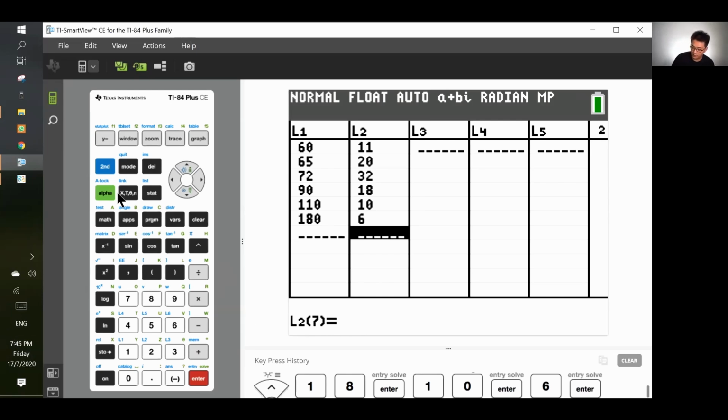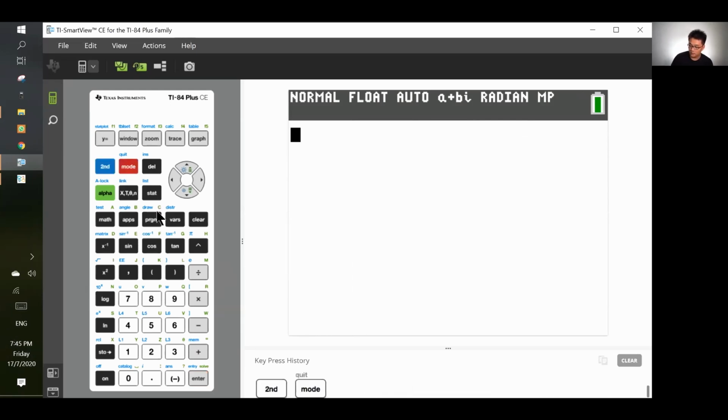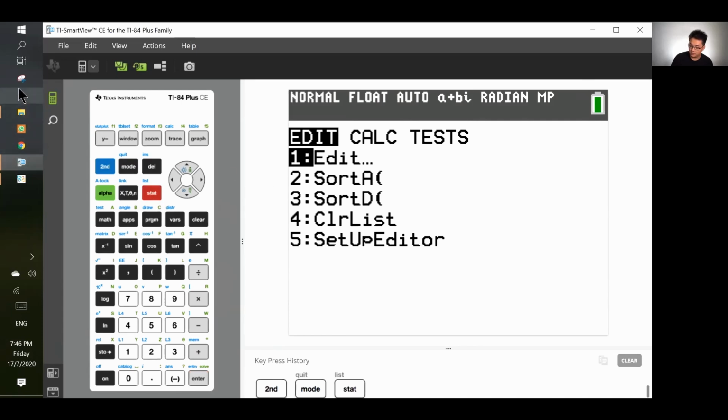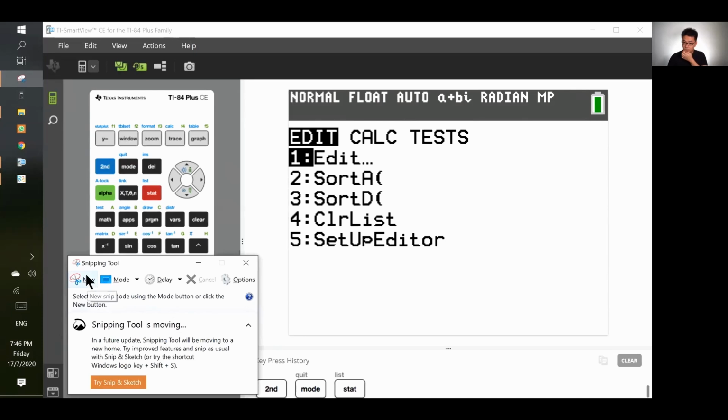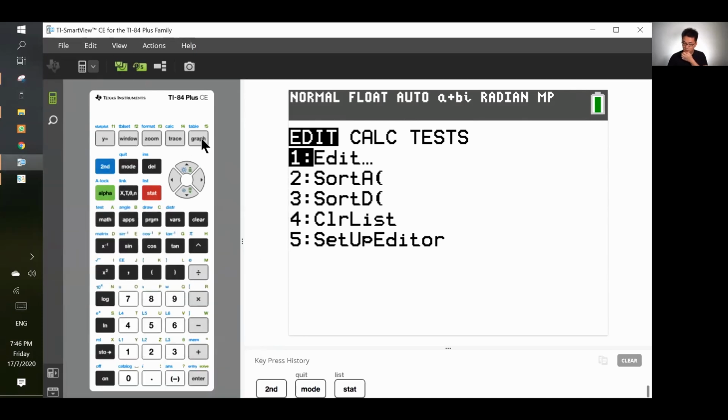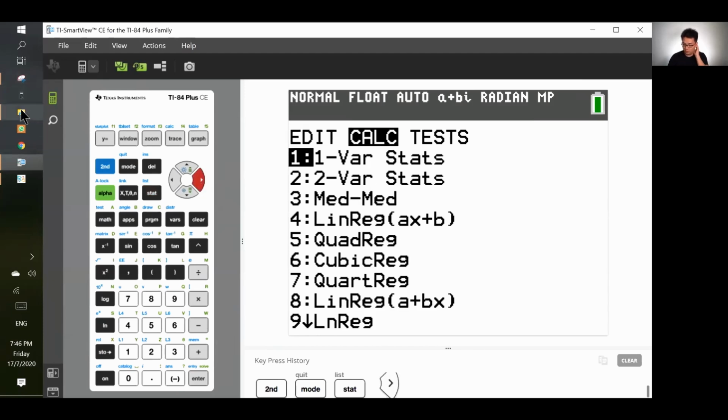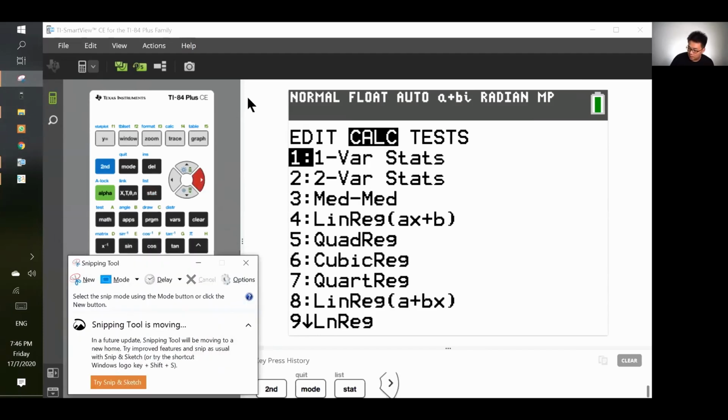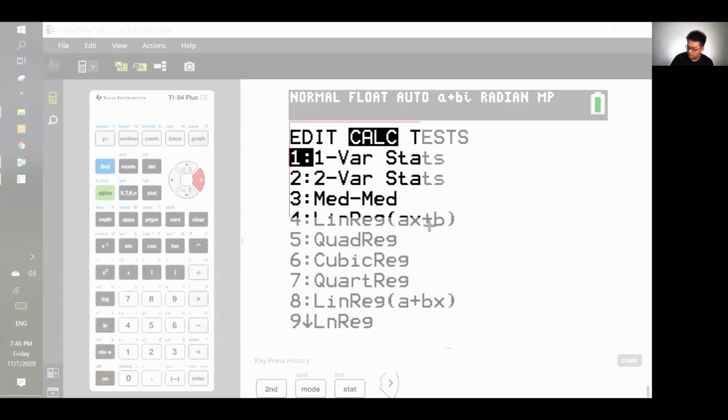Then after that, what you do is you just go to stats and just calculate this. All right, calculate this, edit. Maybe I should just go one variable stats, edit, calculate one variable stats. This part here.